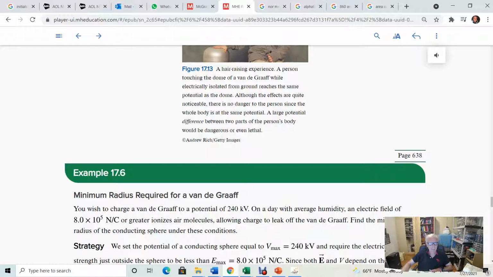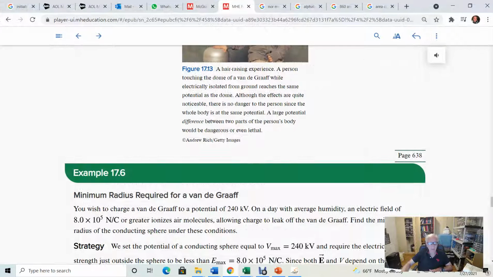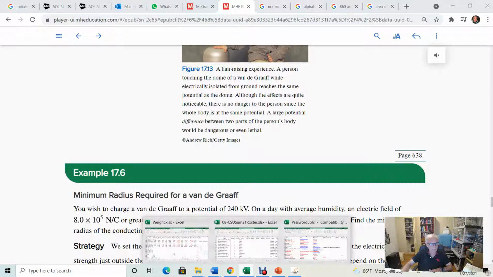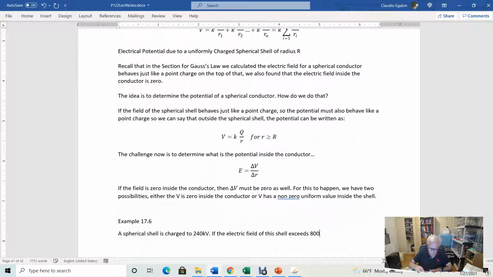Find, if the electric field of this shell exceeds 8 times 10 to the 5th newtons per coulomb, I'm going to copy that. That would be 800,000. Exceeds 800,000 newtons per coulomb.